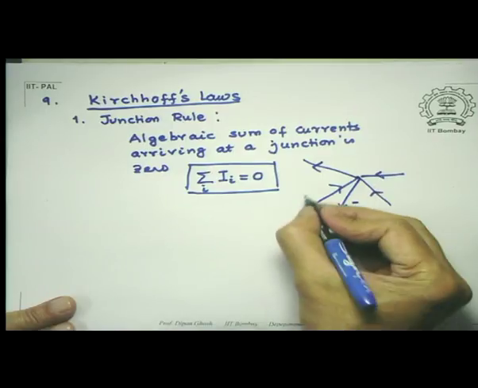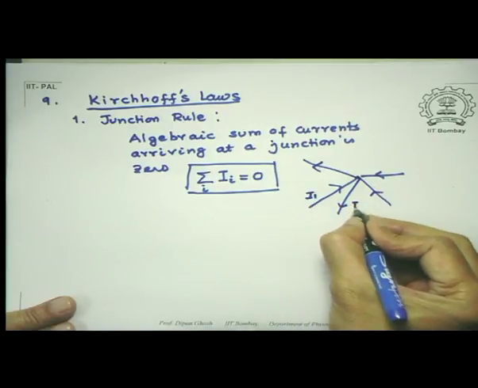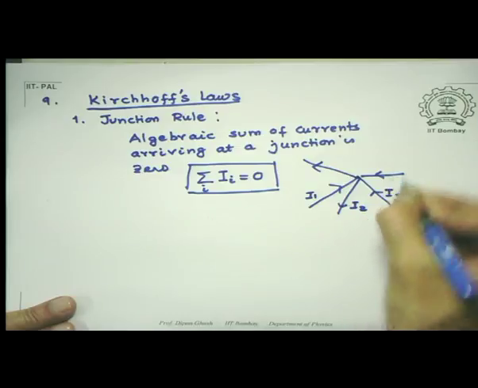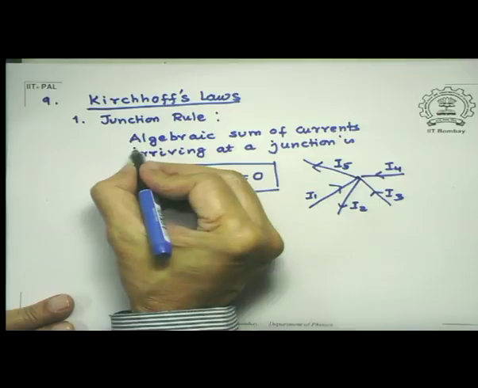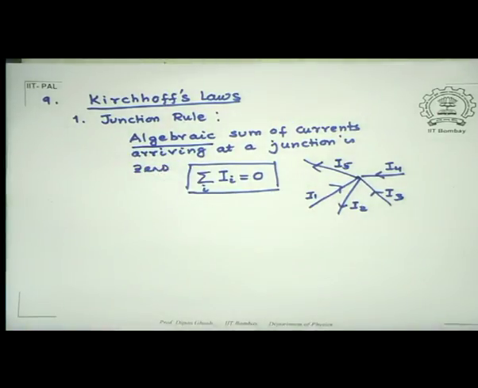So let me just give some names: I1, I2, I3, I4, I5. Now I use the word algebraic. It's not just I1 plus I2 plus I3 plus I4 plus I5 equal to 0. I have to check, is it going towards the junction or is it going away from the junction.